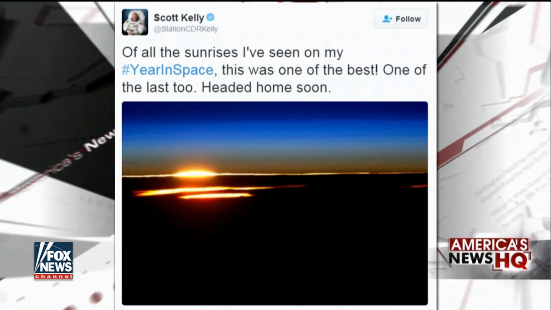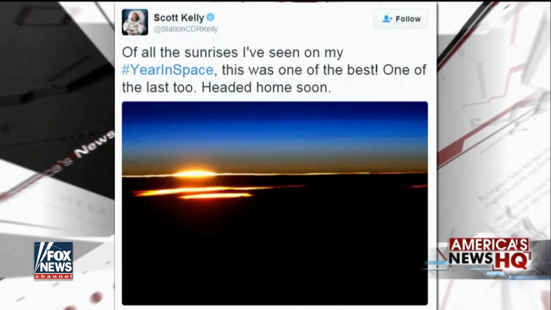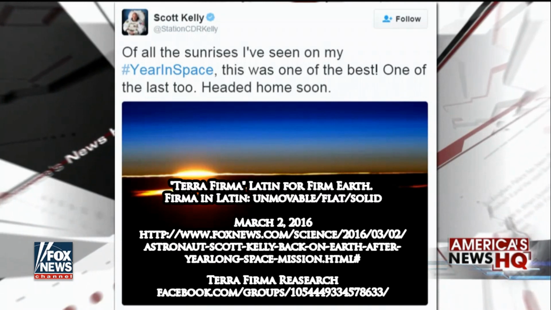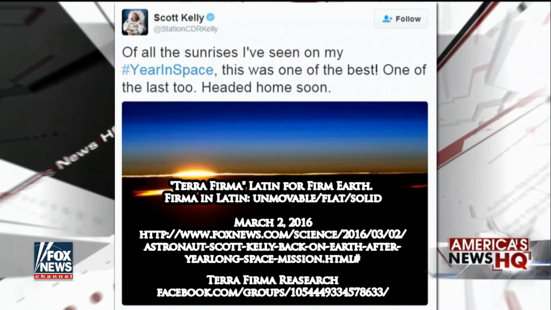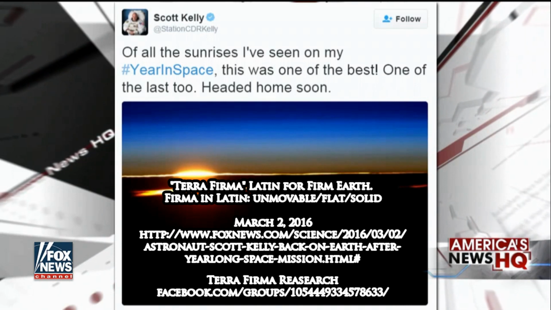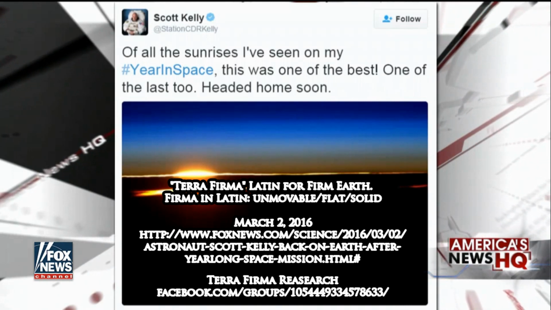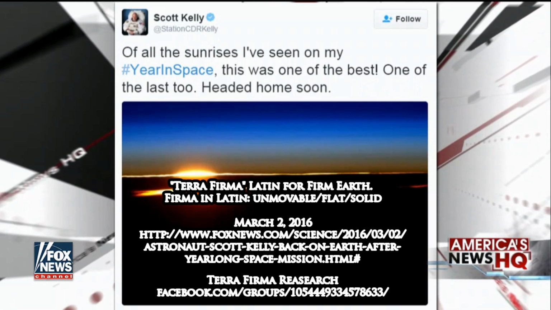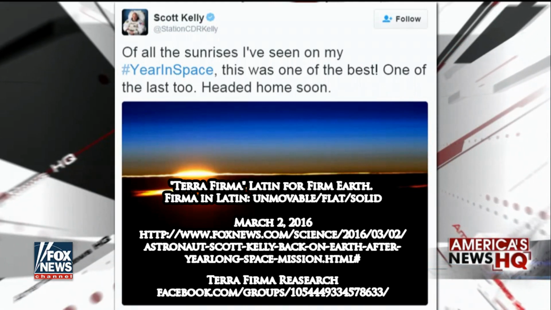Check this out. Astronaut Scott Kelly tweeted this photo to all of us here, remaining on Terra Firma on the Earth. Kelly's been in space for nearly a year and says this is one of the best sunrises he's seen. And he's seen a lot. The International Space Station circles the Earth 16 times a day. That means 16 sunrises and sunsets every day.